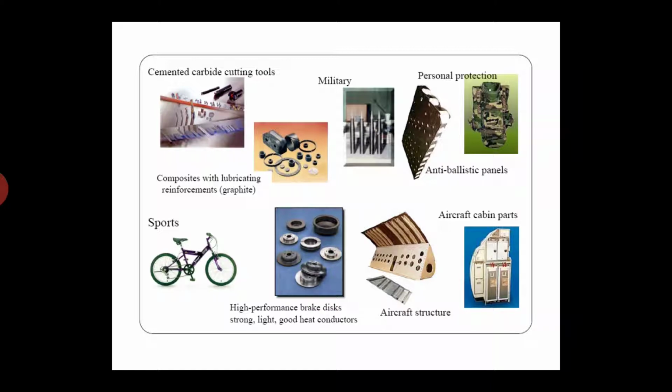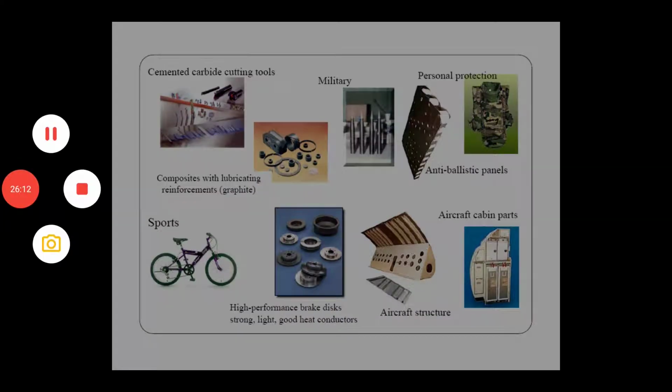Those bicycles are also manufactured using composites. Then high performance brake discs, strong, light, good heat conductors. All the components used in automobiles are also manufactured from composites. Then aircraft structures, whatever the different aircraft structures are, are also manufactured from composite.